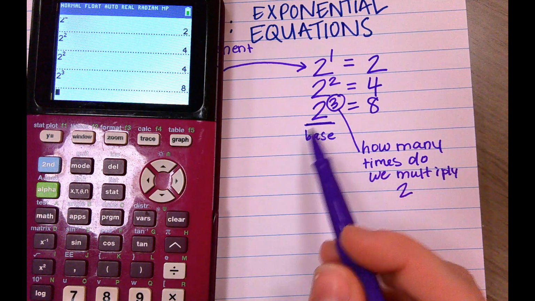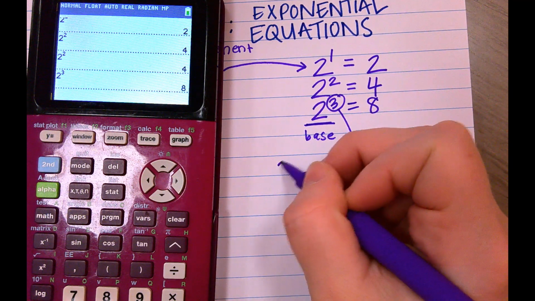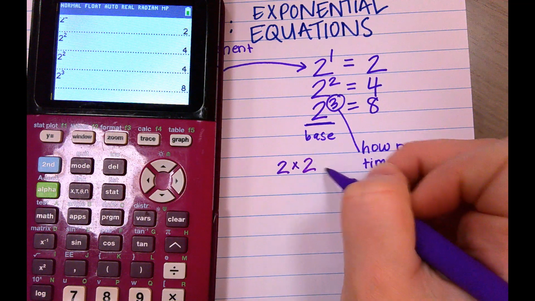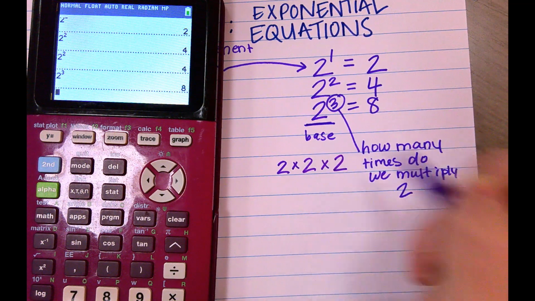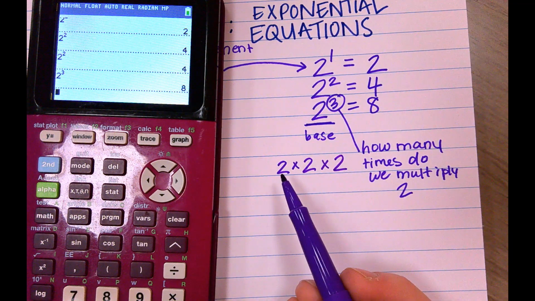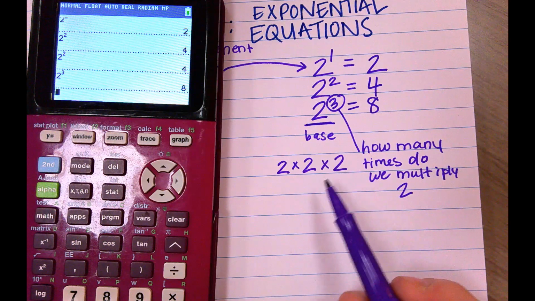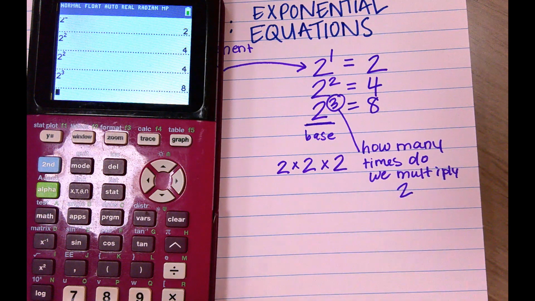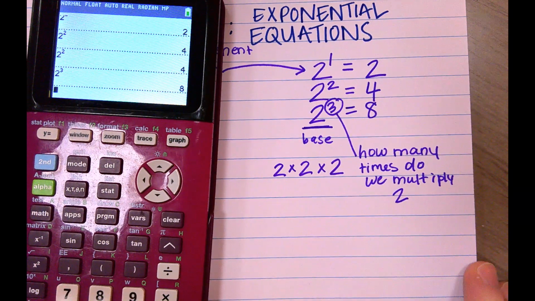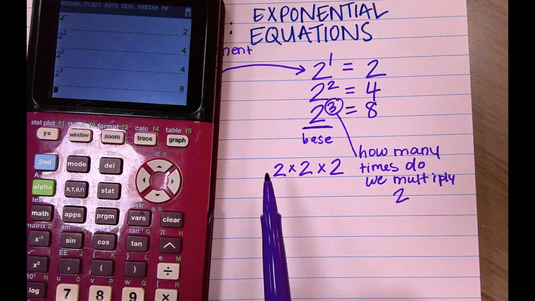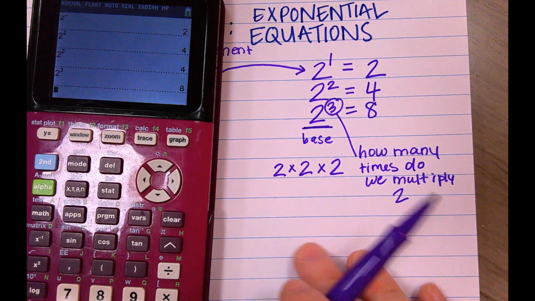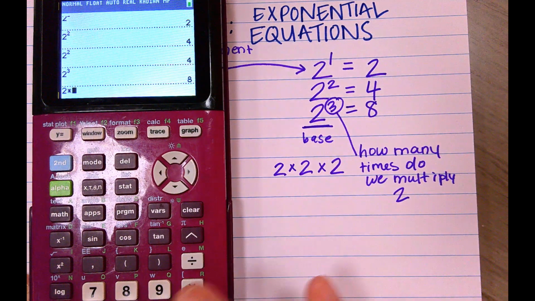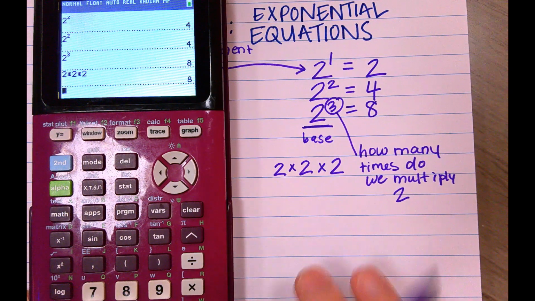Basically, that means we're taking 2 times 2 times 2. And now you see we have 3 2's being multiplied, right? Type that in, and you should get 8 also. 2 times 2 times 2 gives us 8.